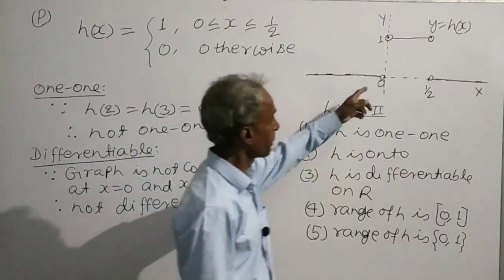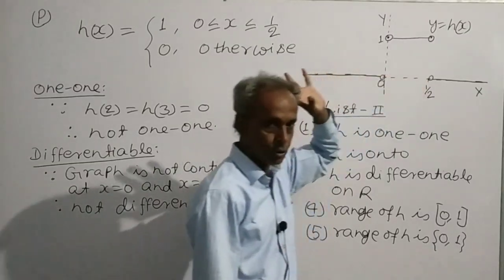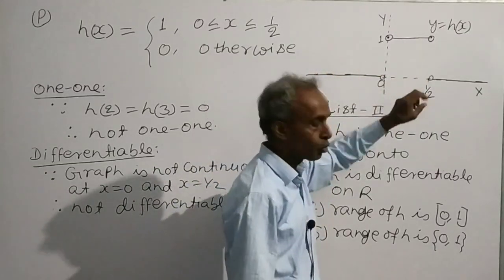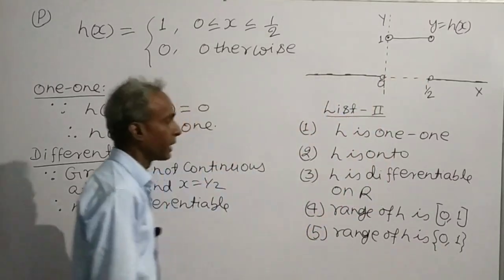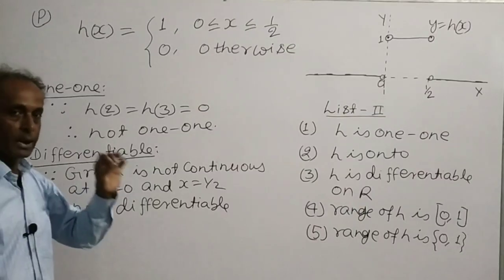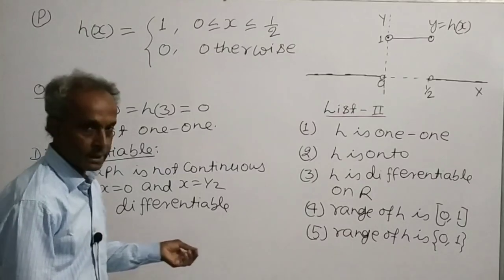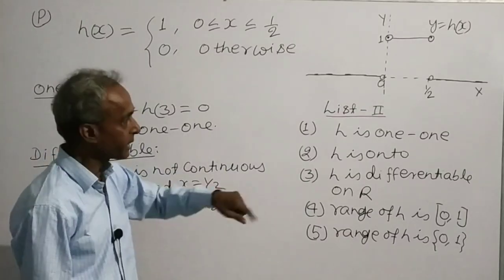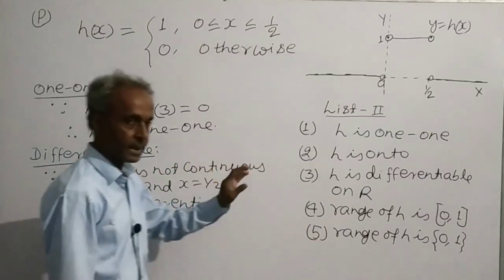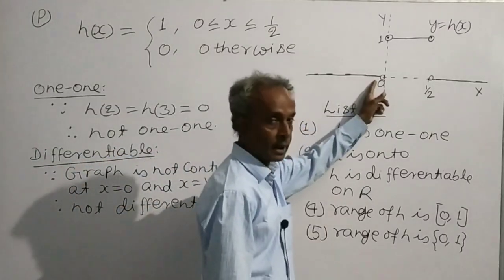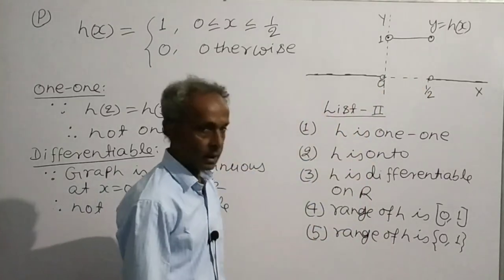Since this curve breaks at x equals 0 and x equals 1/2, at these two points this function is discontinuous, and the point where a function is discontinuous, the function is also not differentiable at that point. Therefore, this function is not differentiable at the points 0 and 1/2.